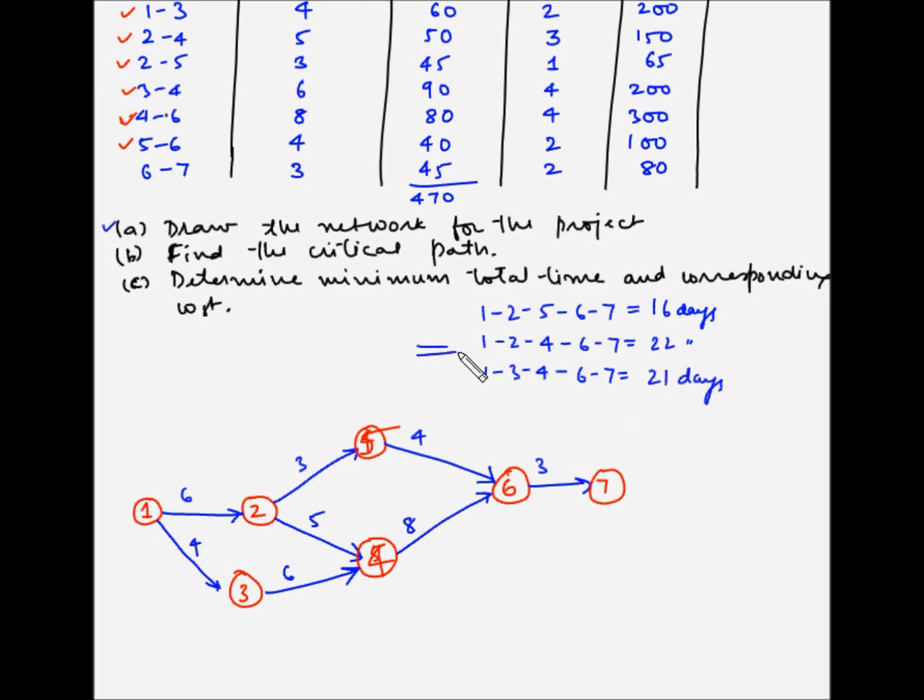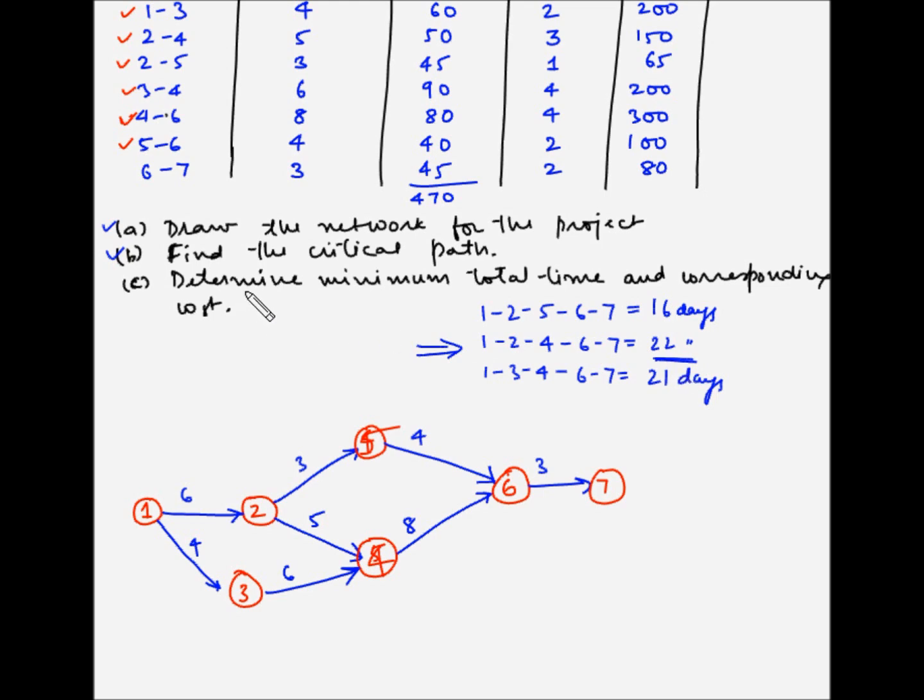So this path here, which is 1, 2, 4, 6, 7, which is the maximum duration, is the critical path. So we have found the critical path and the duration of the project. So the duration of the project is 22 days.